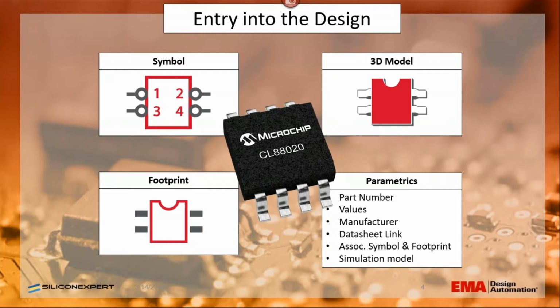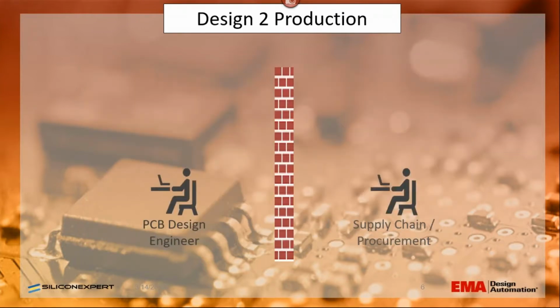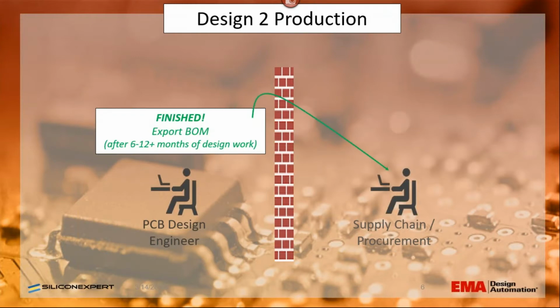So from those different distributor websites, that comes with certain parametrics that are associated with the parts, the values, the manufacturer, part number, data sheet links, maybe even some simulation model for signal integrity or power integrity. But once we've got all those into the design, we create the engineering bill of materials, and that's when the process starts with the supply chain and procurement.